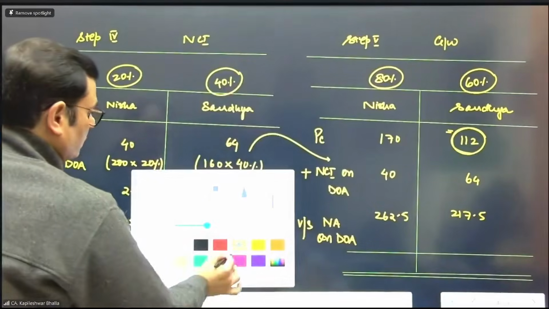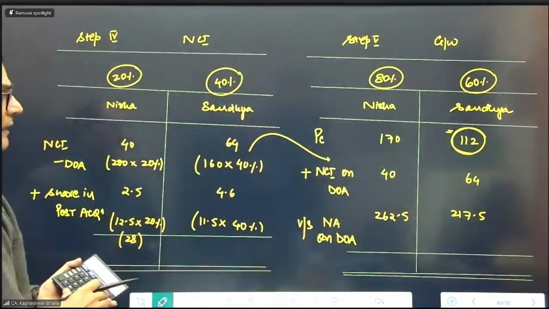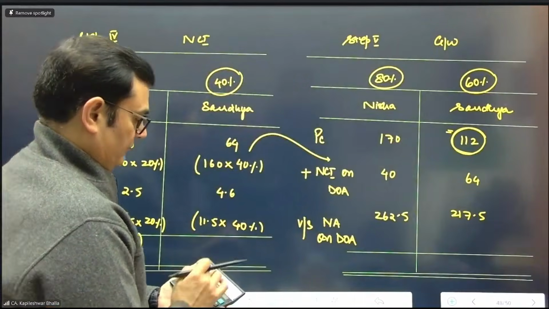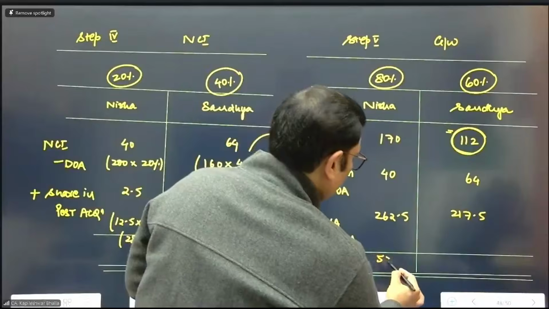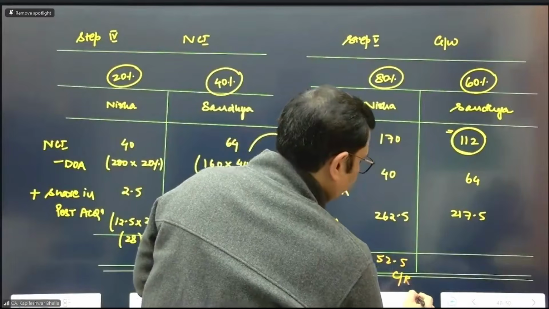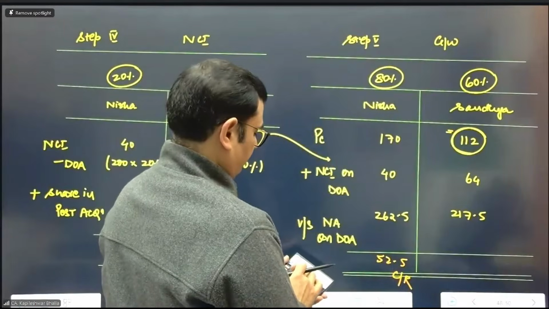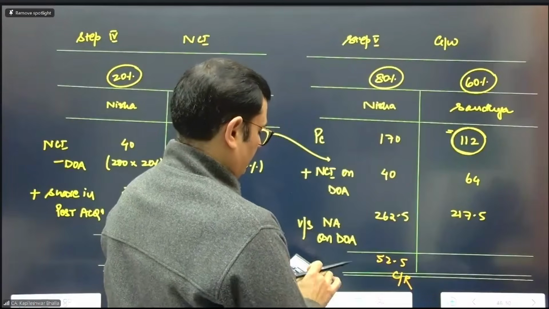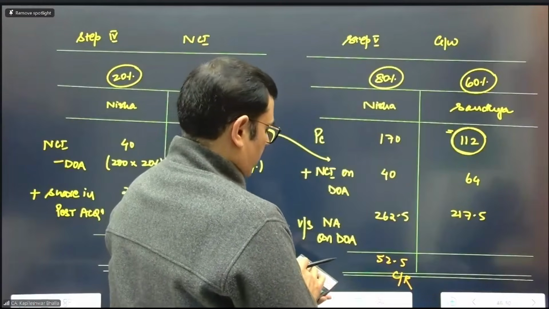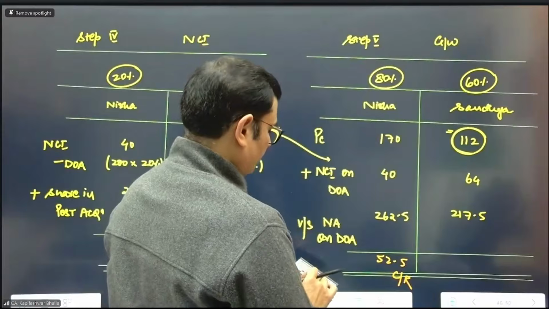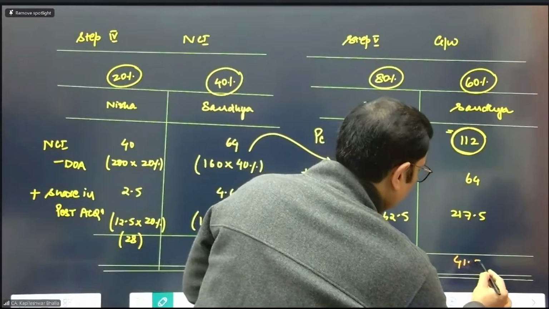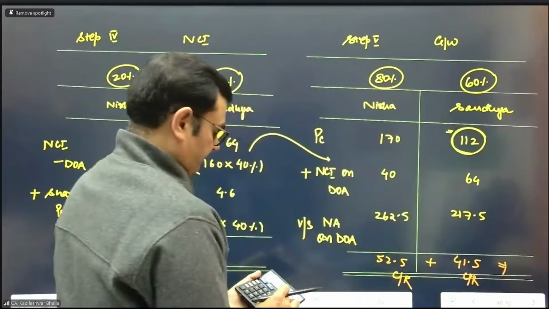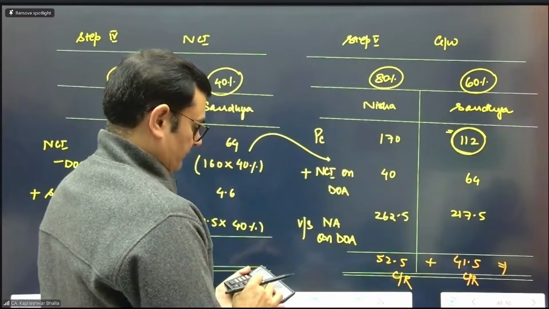So let's calculate what is the goodwill or the capital reserve. 52.5 is the capital reserve. 41.5 is the capital reserve. Let me just add the two as well.